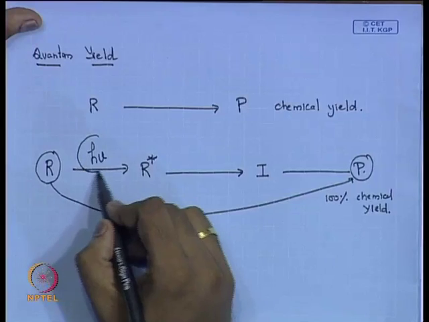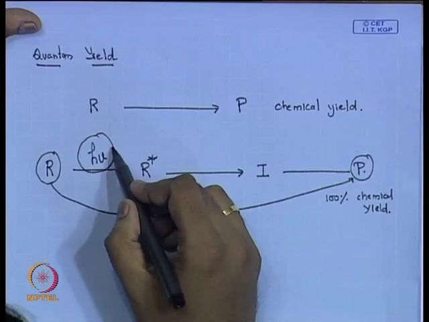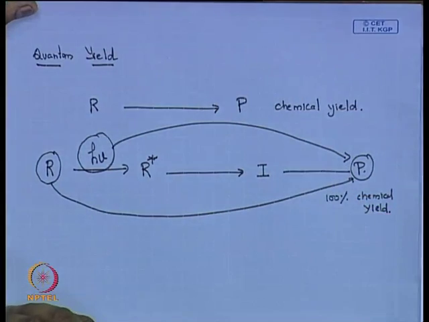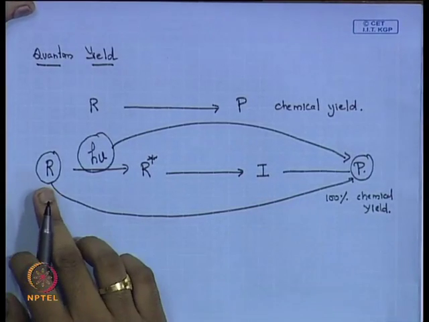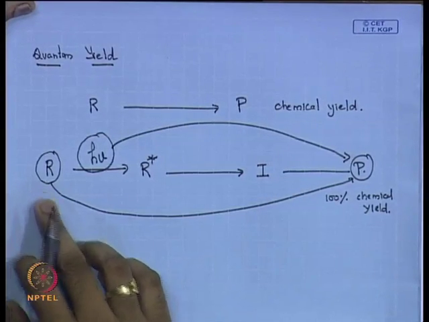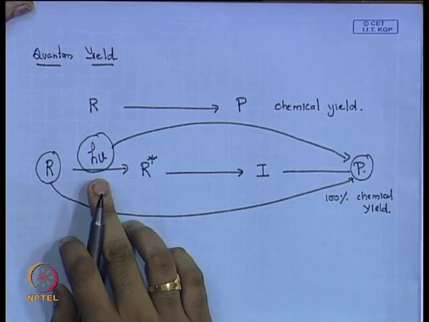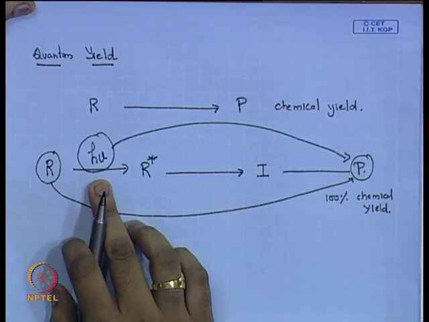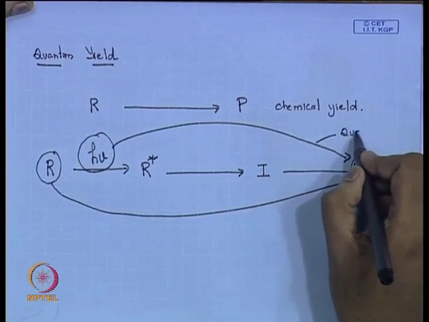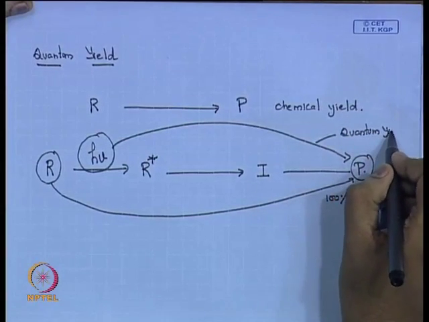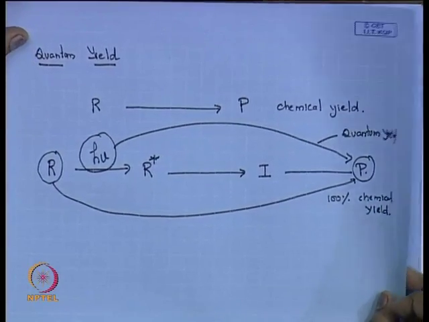If I take 1 mole of photon or whatever, how much product am I getting, then it will be my quantum yield. When I talk with respect to my reactant, then it is chemical yield, as in general chemistry. But once I talk with respect to my photon, then the point of quantum yield comes into the picture. This we call quantum yield. So you have to talk with respect to h nu.